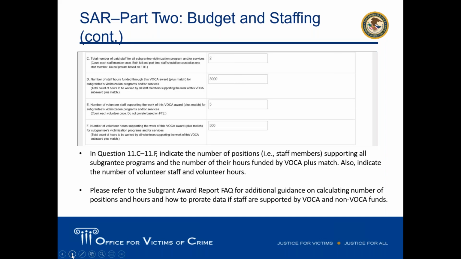Most of the questions in there are pretty much self-explanatory, but again, if you run into an issue with what they're requesting, you can contact our office or you can contact the OVC tech support, and they should be able to assist you through this.